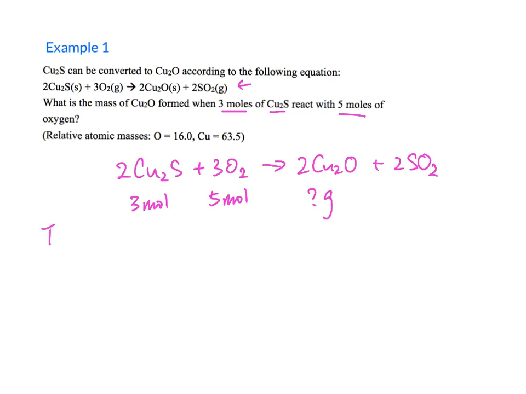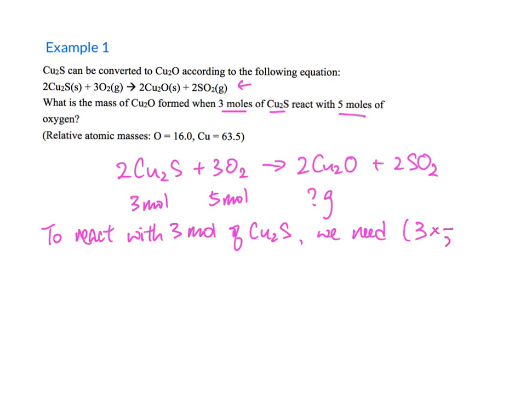To react with 3 mole of Cu2S, you first divide by 2, then times 3 to find the ideal mole of O2. So 3 divided by 2 times 3 is 4.5 mole. We need 4.5 mole O2 to react.